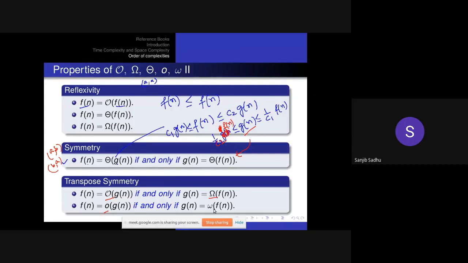Small o and small omega, the definition is the same. fn is less than or equal to c1 into gn, so I can write gn is greater than or equal to 1 by c1 into fn. So that means fn is the lower bound for gn. If gn is the upper bound for fn, then gn will be the lower bound of fn. Similarly this.